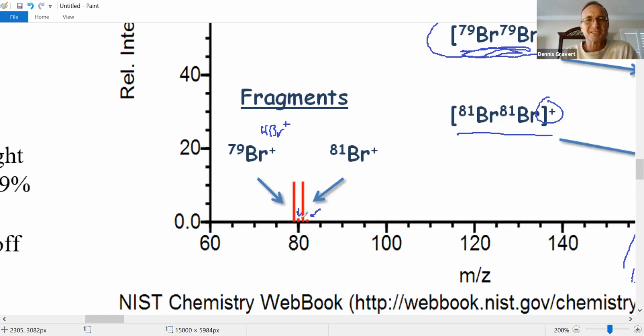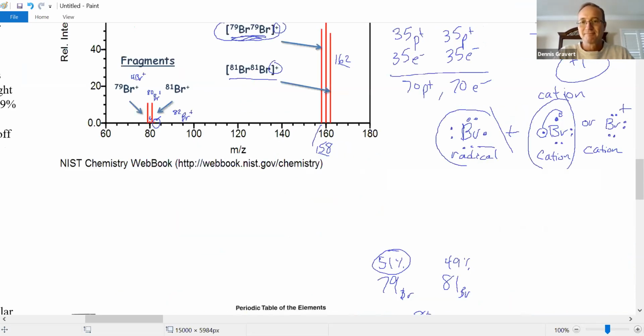I don't know if that's true. That's a possibility though. What's more likely is that there's a little radioactive bromine 80 in here. That's mass 80. And there's a little bit of radioactive bromine 82 that's giving us this tiny peak right there. Anyways, thought that was interesting.